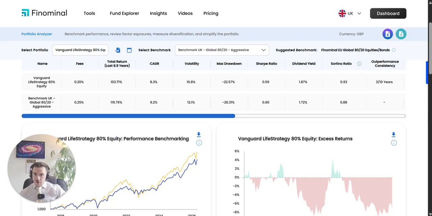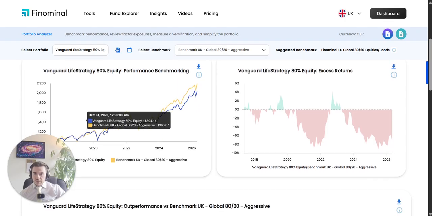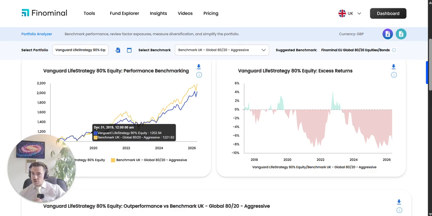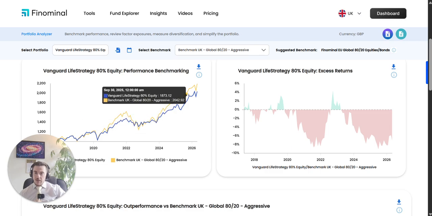Total return was 103.71% for Vanguard LifeStrategy 80% Equity versus 119.76% for the benchmark. We can see this performance benchmarking overall has been quite close tracking, I would say. We have seen outperformance from the benchmark in more recent years.